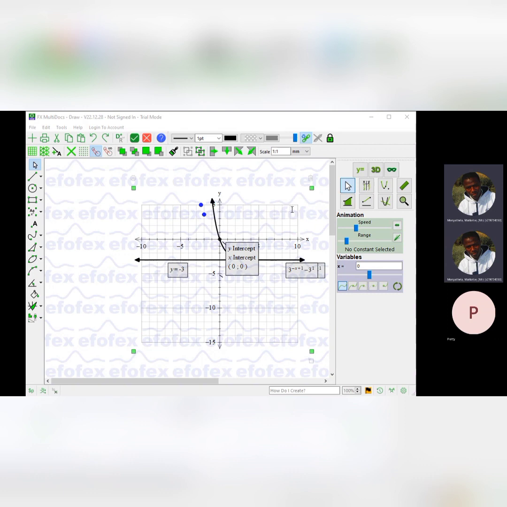If we have something like this, 3 to the exponent negative x plus 1, we can write it as log base 3 of negative x plus 1, equal to log 8.